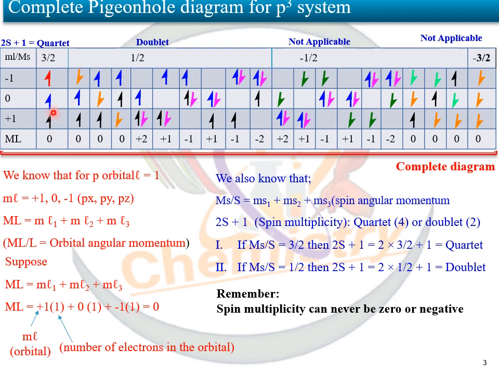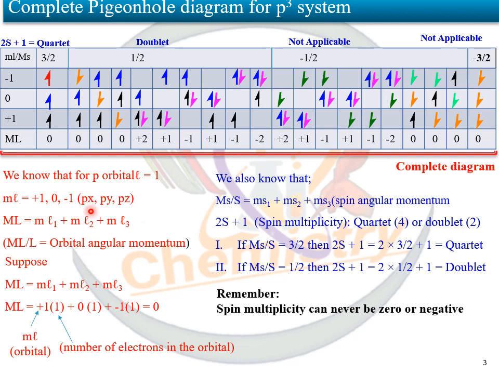Just first place these 3 electrons in plus 1, 0 and minus 1. Now, the ml value will be equal to ml1 plus ml2 plus ml3. ml1 is plus 1, so plus 1, 0 and minus 1 will give us ml 0.